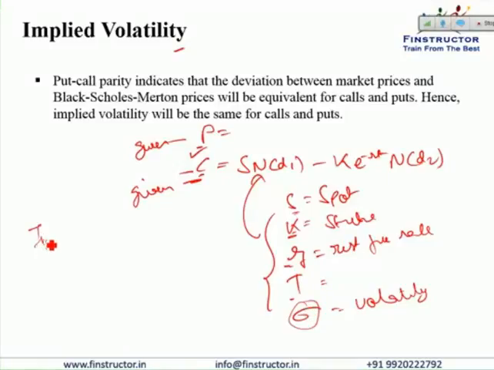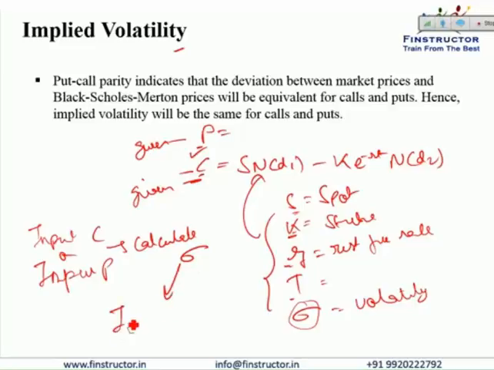So when we input the price of the call option or the value of the put option and then calculate the volatility from the Black-Scholes-Merton model, that volatility is referred to as implied volatility.